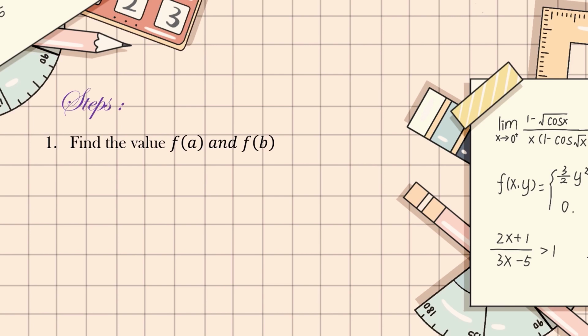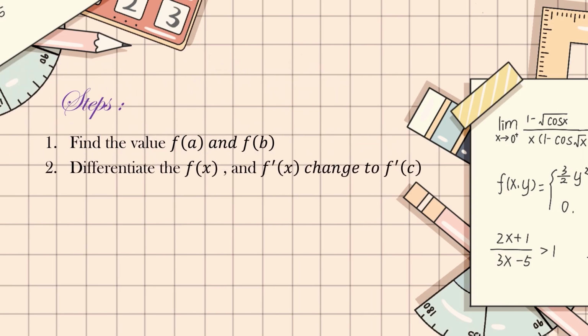That is the difference from Rolle's theorem. The second step is to differentiate f(x) and change f prime x to f prime c. The last step is to gather all the answers and put them into the formula, f prime c equals f(b) minus f(a) divided by b minus a. Then the value of c should be between the value of a and b.